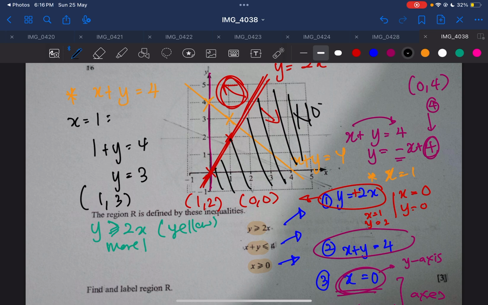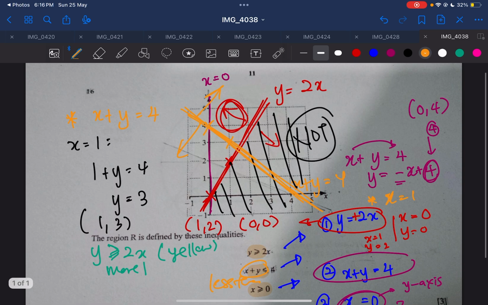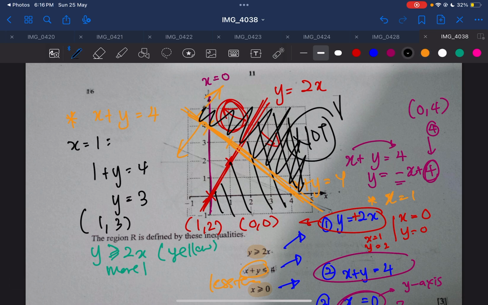Not this one. And then the yellow one, we're going to read that again. Less than, it says. If less than, the yellow line, this one, this is more than, this is less than. So since it says less than, that means we don't need the part above. Not. Okay, not.